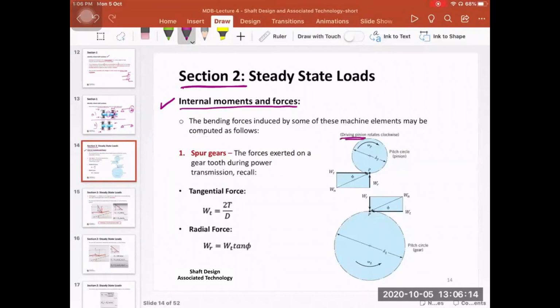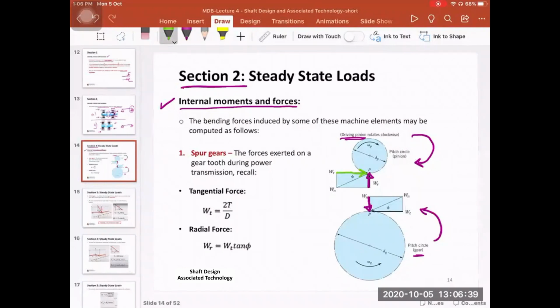If you have a driving pinion and a driven gear here, then the driving pinion rotates in the clockwise direction and the driven gear rotates in the counterclockwise direction. There is a force between them that tries to push them apart. It's called the radial force or the separating force. And then there is another force, the tangential force.